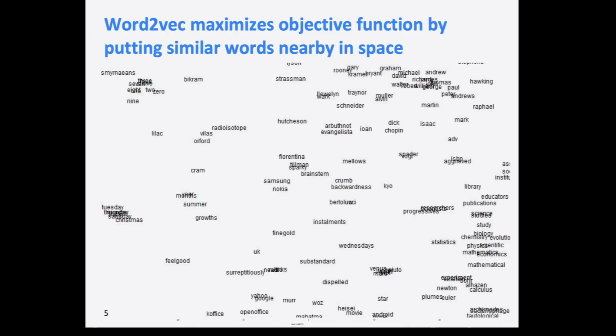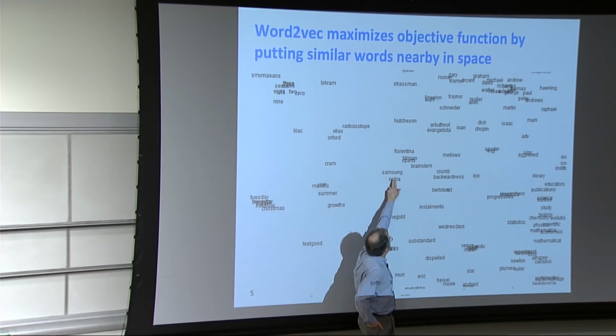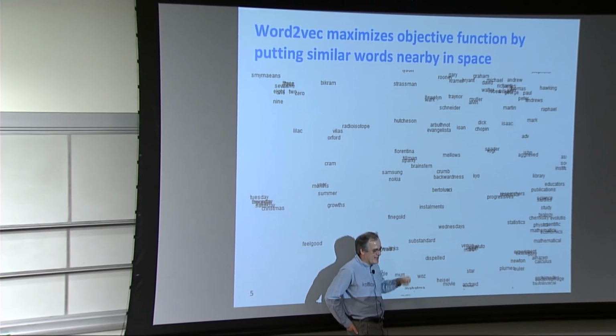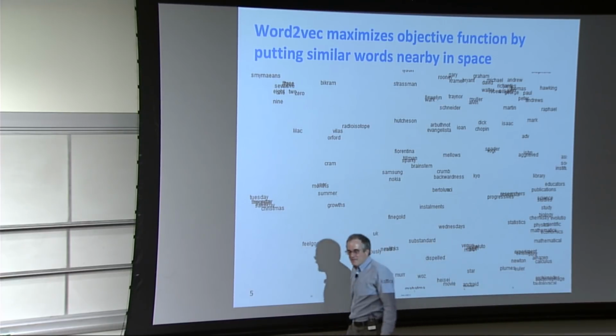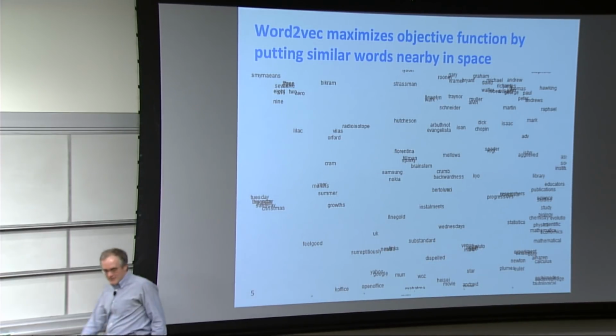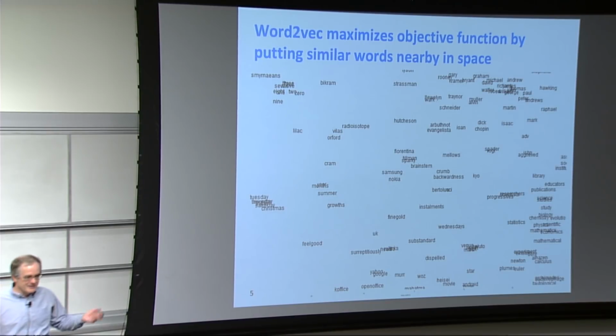They're exceedingly misleading because in these 2-dimensional pictures, if Samsung is close to Nokia, it has to be over here, and then it has to be far away from words that are over here. Whereas you might also want to have the effect that Nokia is close to Finland for a different reason. And you can't do that in 2-dimensional vector spaces.